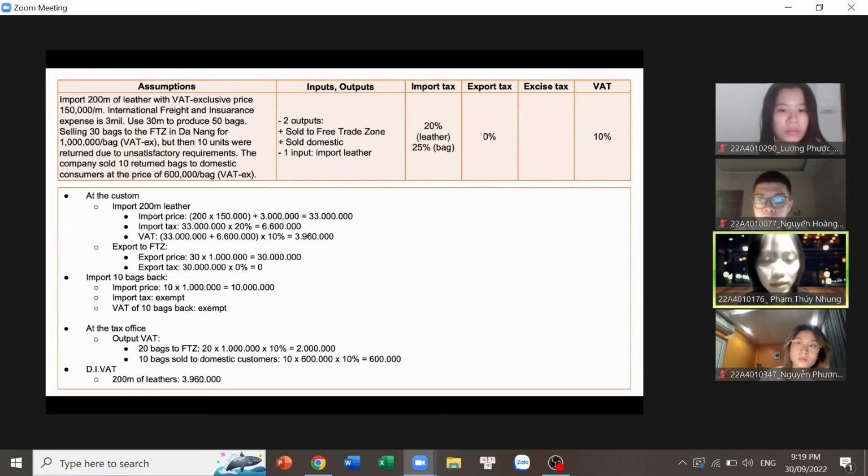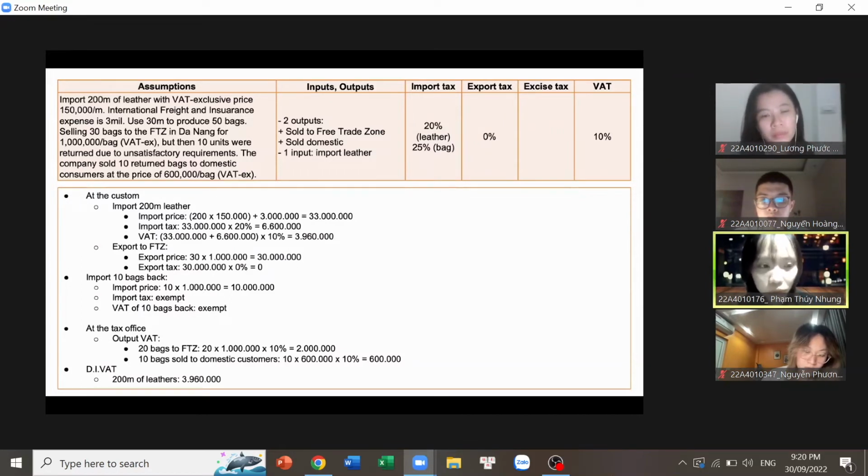For the next assumption, because we import leather from other countries, we need to declare our tax at customs. 200 meters of leather is imported with an import price of 33 million. Import tax is 6.6 million, and VAT is 3.96 million. We export 30 bags to the free trade zone. The export price is 30 million.